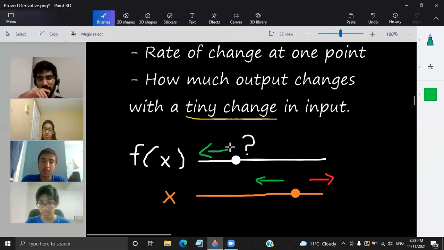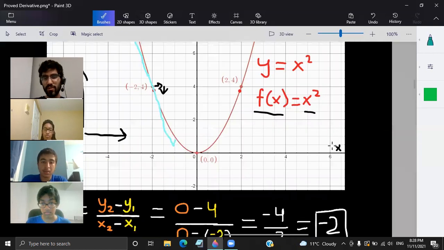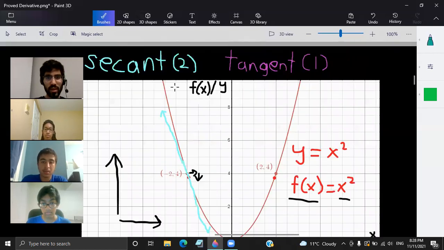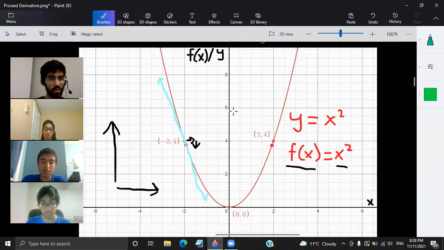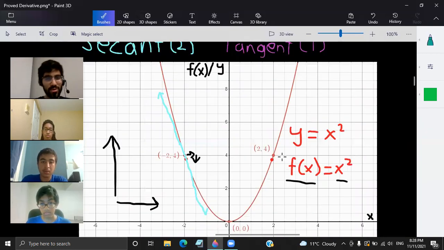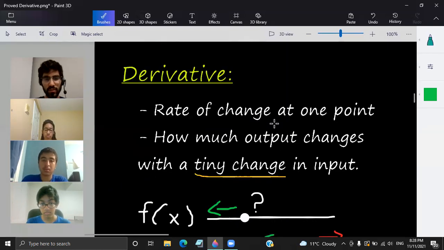Now, when we're taking derivatives, we don't want to say X here is the amount of dollars we spend and F of X, the output, is the benefit we get in an economy. We don't want to have to draw all these graphs or take all these little points. Surely there's got to be something better. So that's where we turn to the algebraic representation.